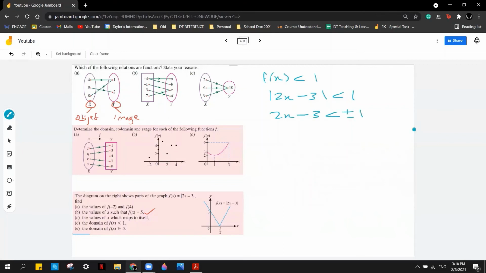So if you dump it on the other side, 2x minus 3 is less than plus minus 1. Interesting, right? So 2x is less than plus minus 1 plus 3. So we are looking at 2x less than 3 plus 1, which is 4, or 2x less than 3 minus 1, which is 2. So it's either x is less than 2 or x is less than 1.